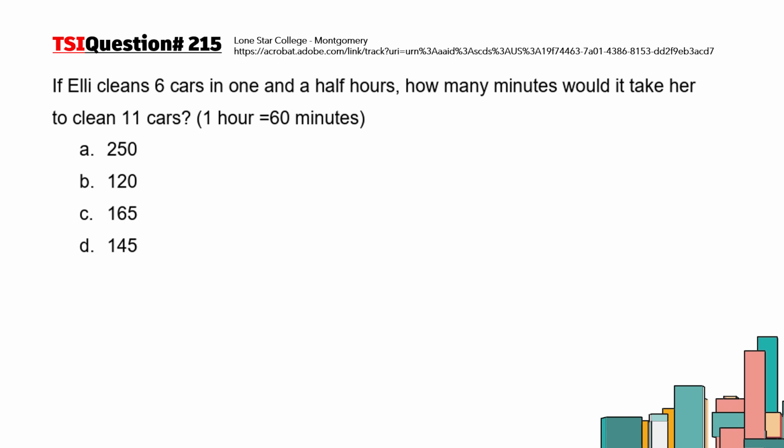So first I will convert 1.5 hours into minutes because the question asks about how many minutes. So 1.5 hours means 1 hour and 0.5 hours.